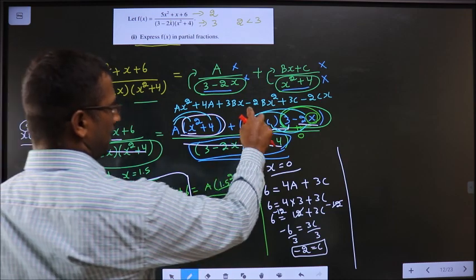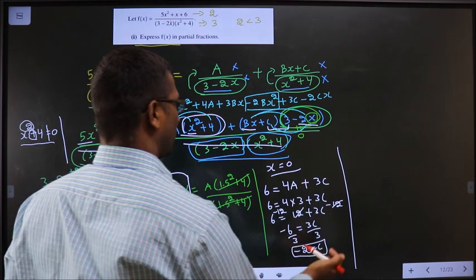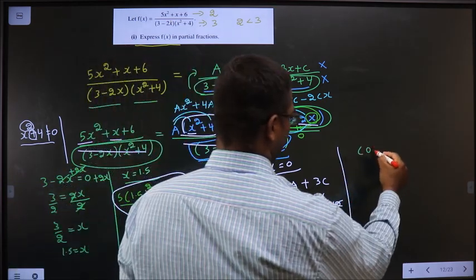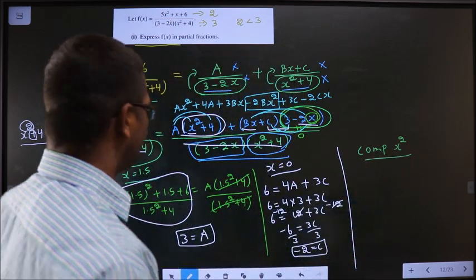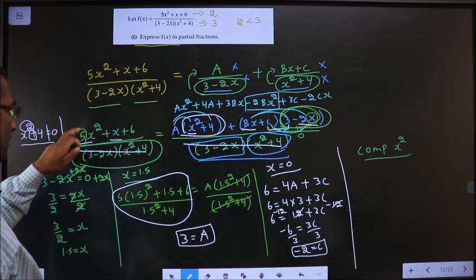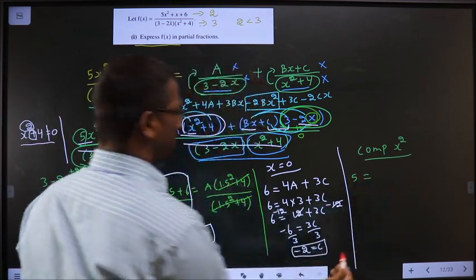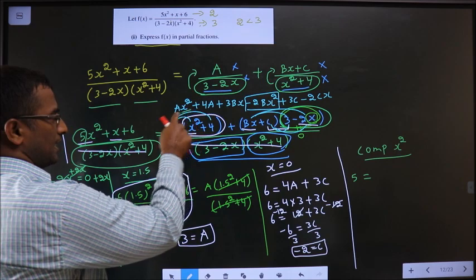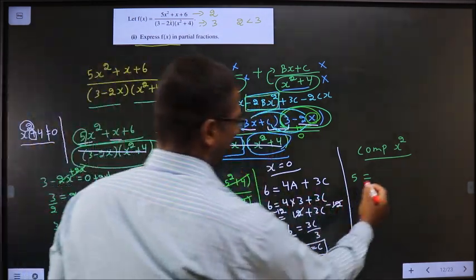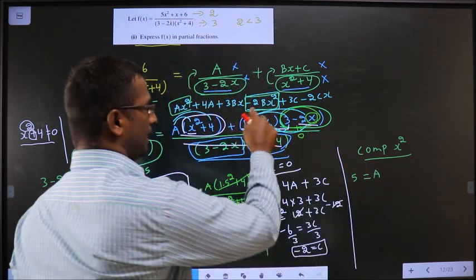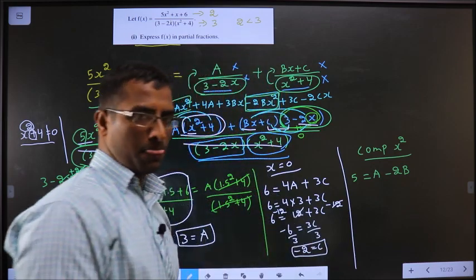Once you open the bracket, only then you will understand what to compare to get b. b is present, let us say, for x square. So what you do, compare x square terms. Okay, now here before x square what do you have? 5. And on the other side before x square what all do you have? This is x square term and here also x square term. So here it is a and here it is minus 2b. Okay.